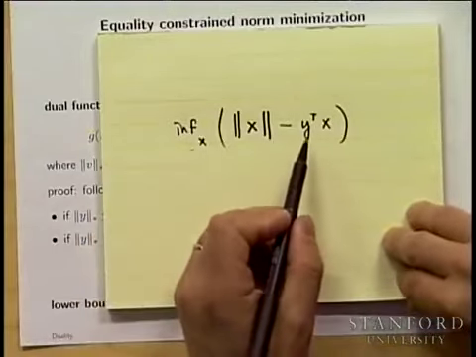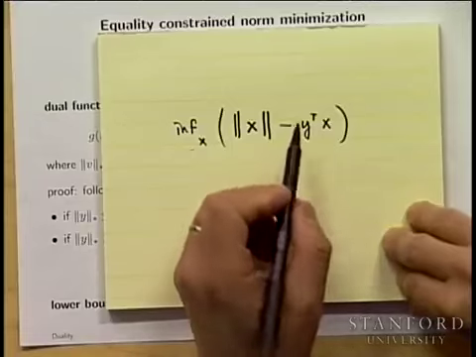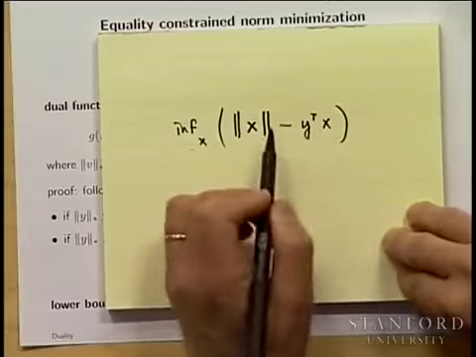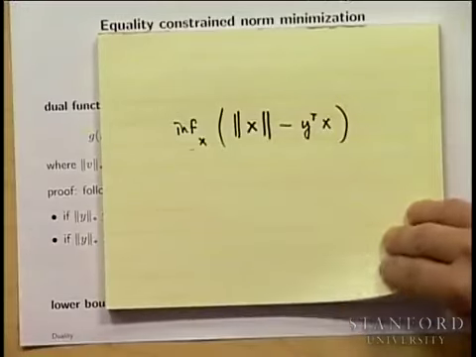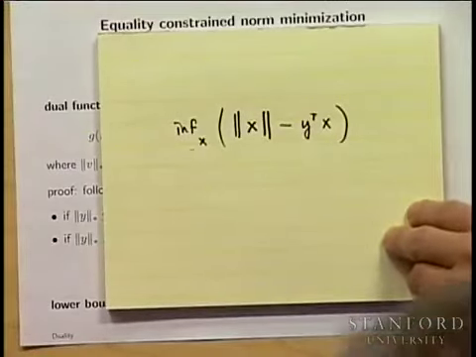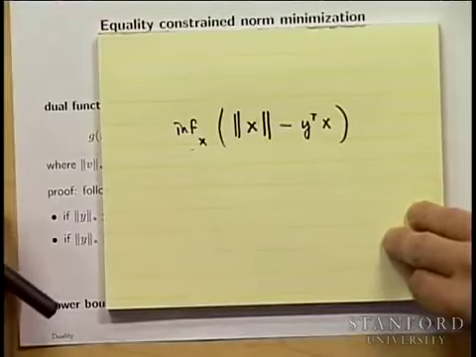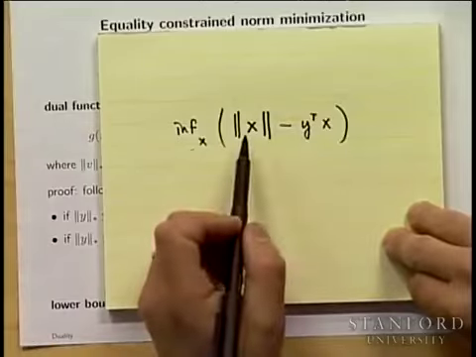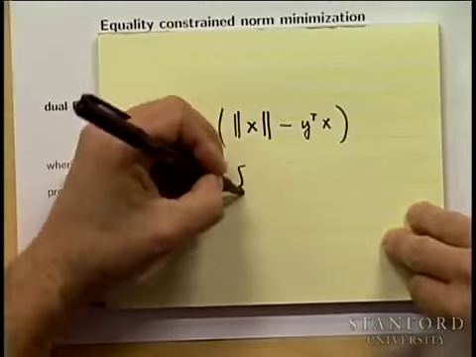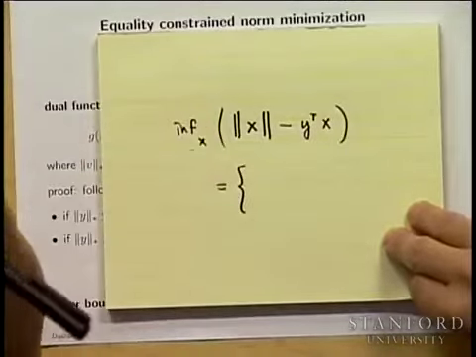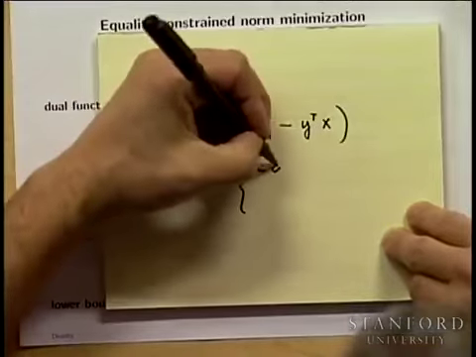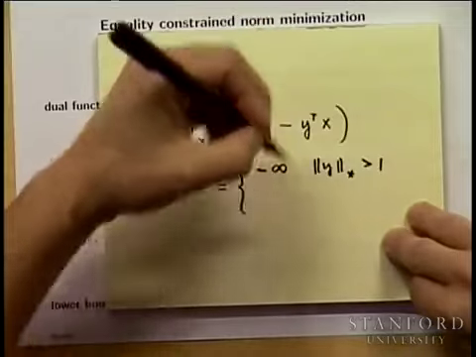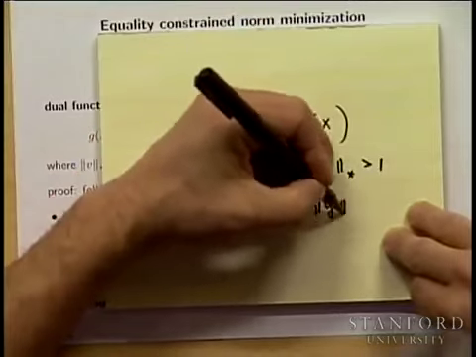Now, on the other hand, if norm y is less than or equal to 1, Cauchy-Schwarz tells me that this thing is less than that, and therefore this whole thing is bigger than or equal to 0. So I could never, ever make this thing negative. On the other hand, by choosing x equals 0, I can make it 0. So that's clearly the optimal. So this is equal to, and this generalizes now to a general norm, either minus infinity if the dual norm of y is bigger than 1, or it's 0 otherwise.